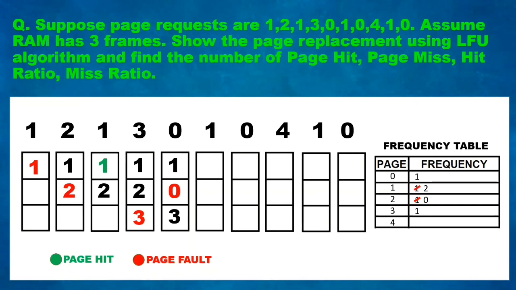Now the new page request is 1 and 1 is present inside the RAM, so it is a page hit. And now the frequency of page 1 is 3 because page 1 is requested 3 times. Now the page request is 0 and 0 is also present inside the RAM.